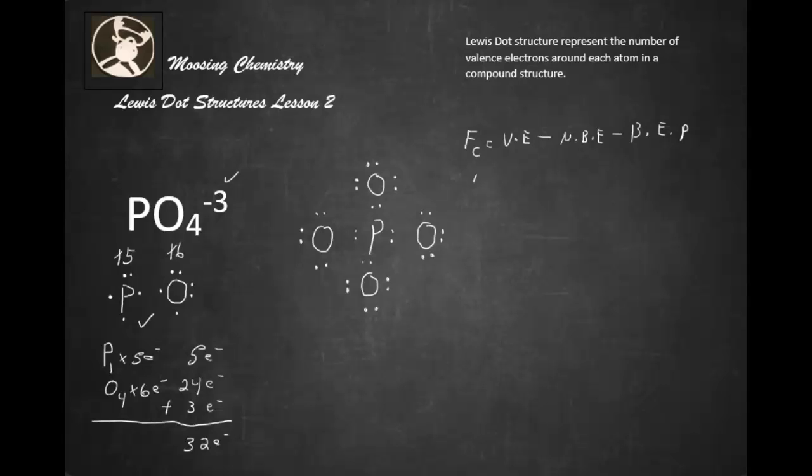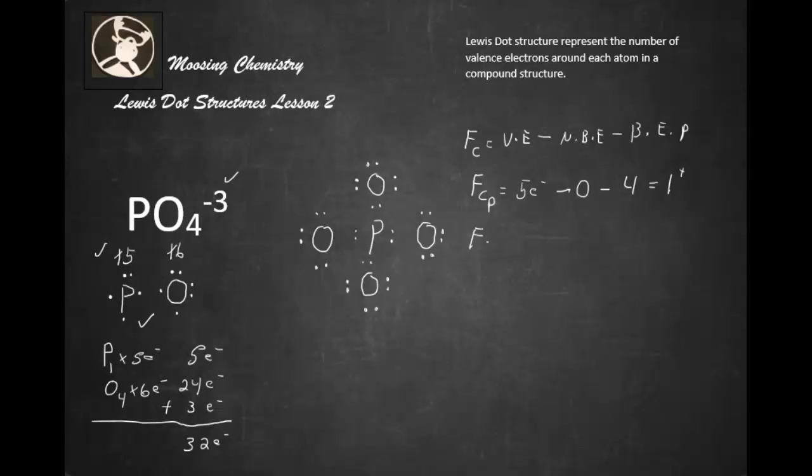So let's look at the formal charge of the phosphorus. Phosphorus came in with 5 valence electrons, which we got from over here. Non-bonding electrons: all the phosphorus is bonded, so we have 0. There are 4 bonding pairs, 1, 2, 3, 4. Now let's look at our oxygens.